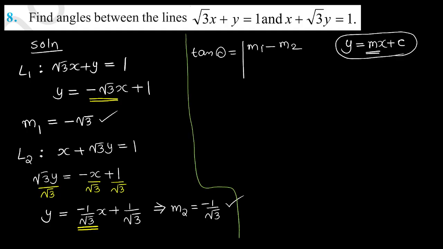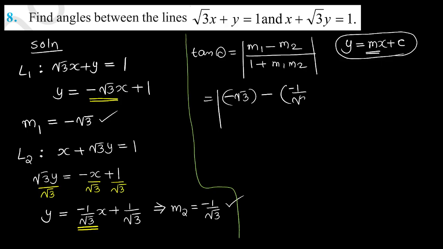But don't worry, the modulus sign is there, so you will get the same value. m1 is minus root 3, m2 is minus 1 by root 3. Use brackets. Substitute m1 and m2, then divide by 1 plus m1 into m2.